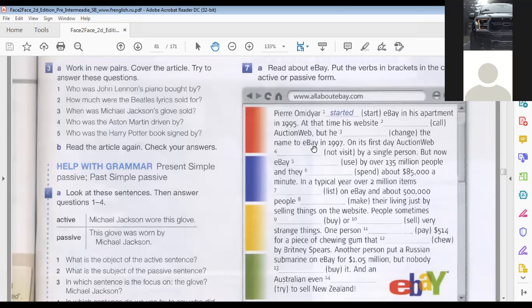Because sometimes you can, sometimes you can't. Do you get my point? So I'm going to give you a few minutes. Read this whole article. It's not an article, it's a paragraph. But the question is, you have to decide when to use active and when to use passive.